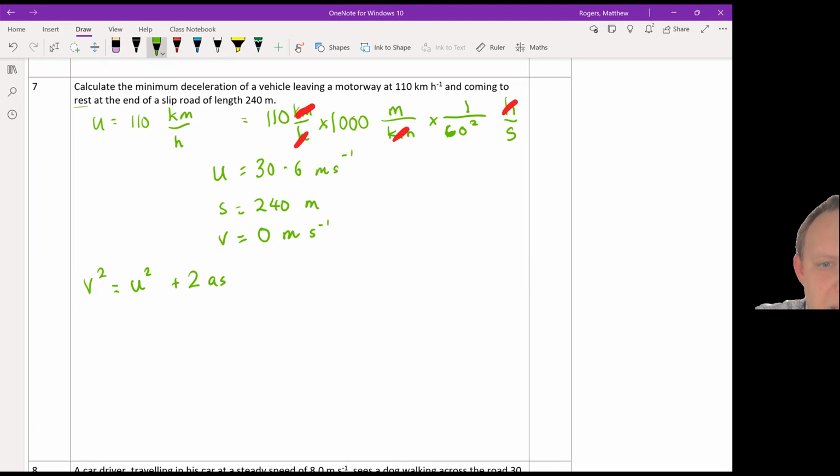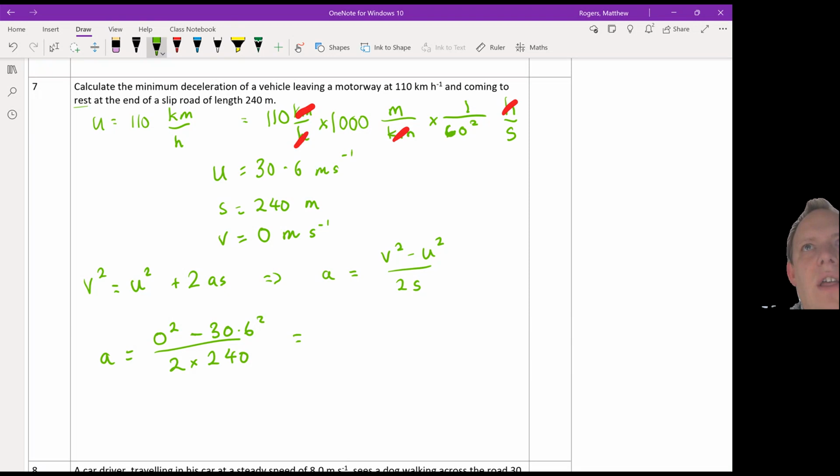The rearrangement for a is a equals v squared minus u squared over 2s. a is equal to 0 squared minus 30.6 squared divided by 2 times 240, which gives us our acceleration, which will be minus 1.95.